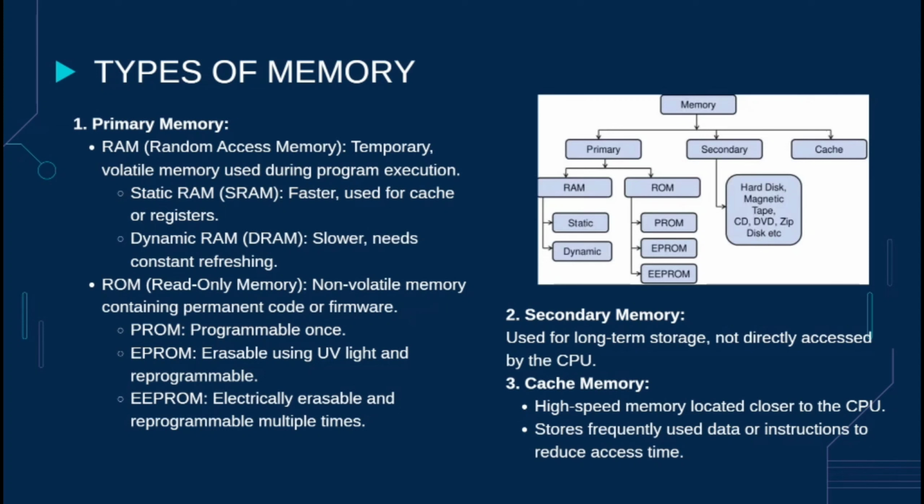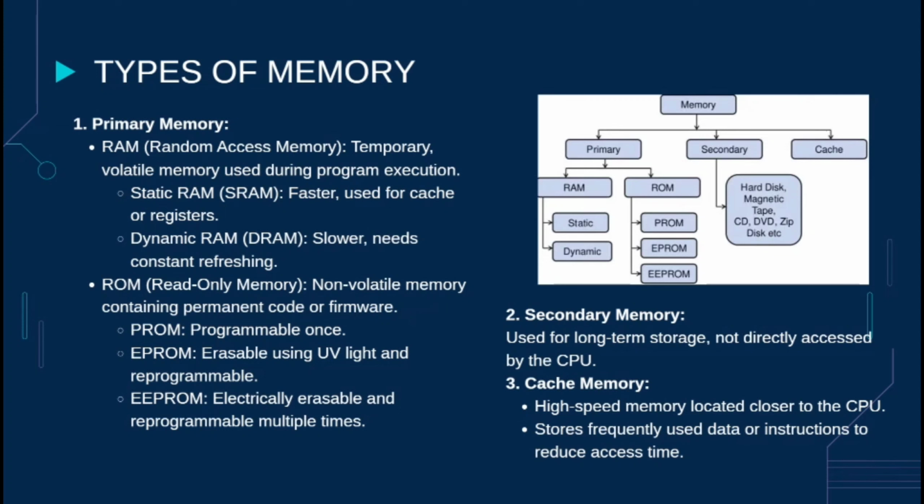Memory in embedded systems is generally grouped into three categories. Primary memory, which includes RAM, that is random access memory, which is temporary and volatile, and ROM, which is permanent and stores the firmware. Now, RAM is further divided into SRAM and DRAM.